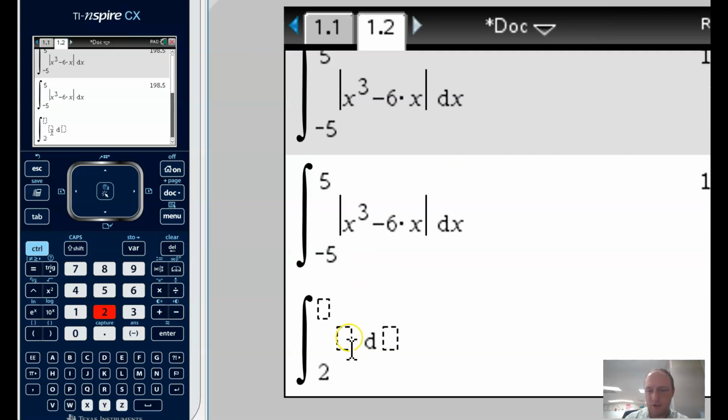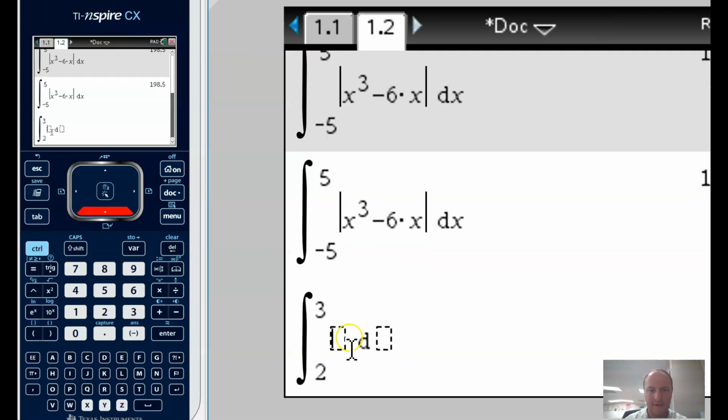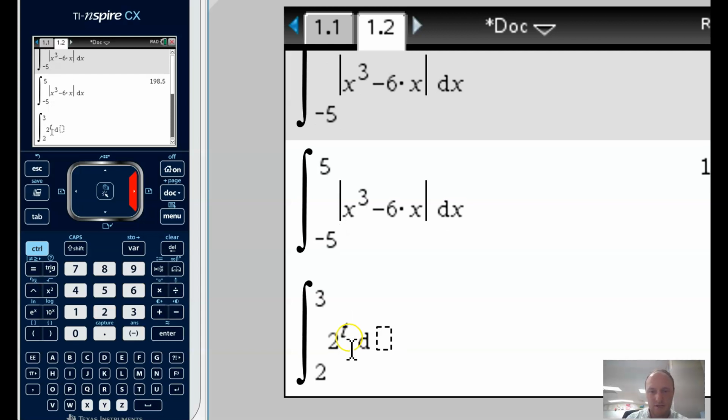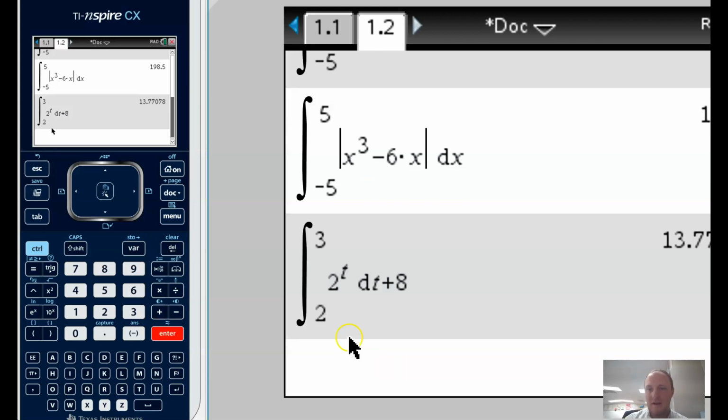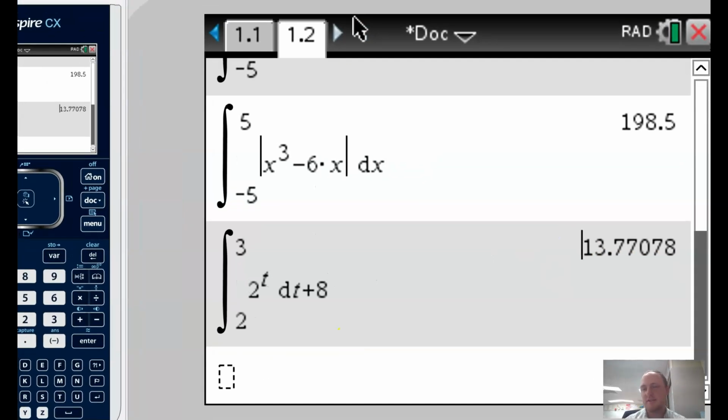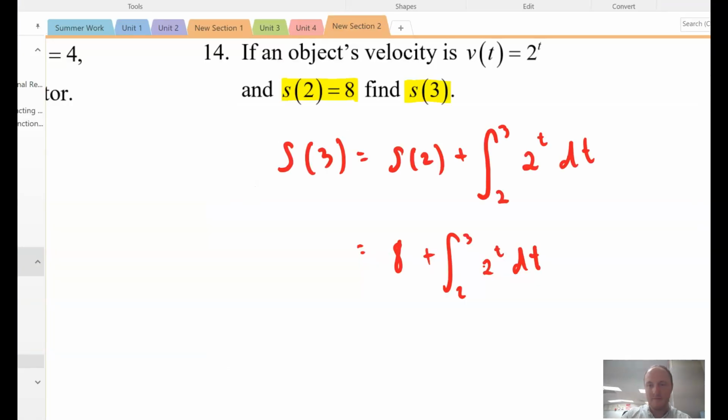I'm going from 2 to 3 of 2 to the power of t dt, and I want to add 8. So I'm just going to add on 8 here. And we get our answer, which is 13.771. And there it is.